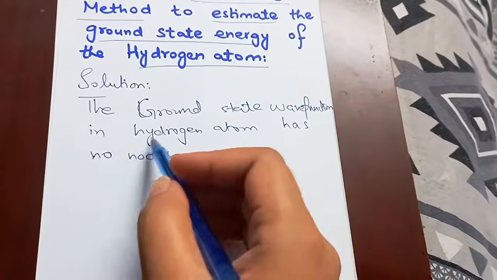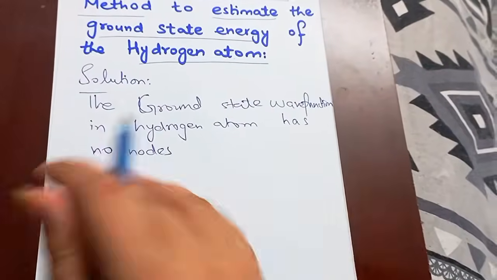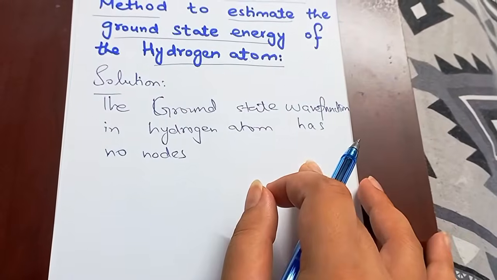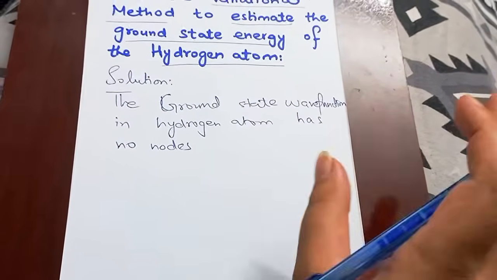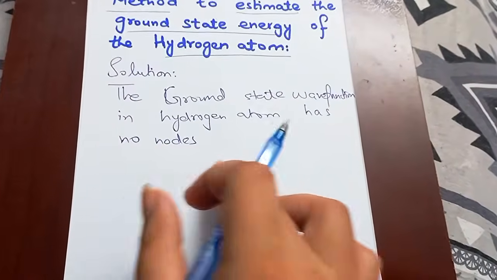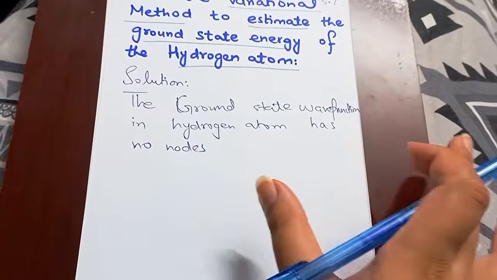So the ground state wave function in hydrogen atom has no nodes. It means it will never be zero anywhere except at infinity. That is what no nodes means, and that is what the ground state normally means, that it has no nodes.